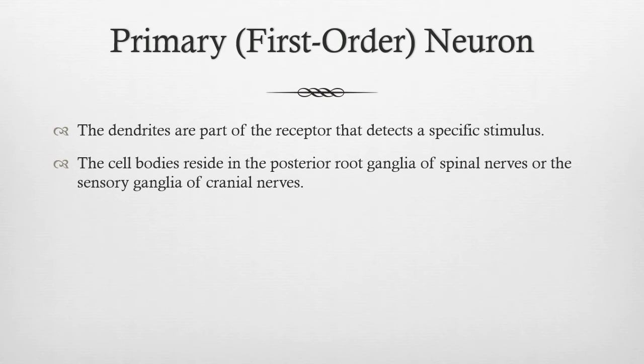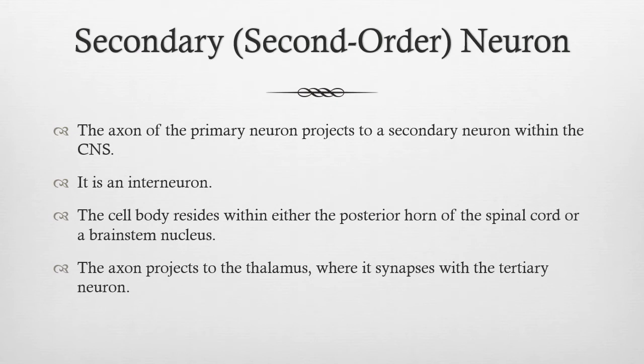For the first order neuron, this primary neuron, the dendrites connect to the receptor, and the cell body is in the dorsal or posterior root ganglion, and its axon then travels into either the cord or the brainstem. The second order neuron is sitting either in the spinal cord or in the brainstem. The cell body of our second order neuron is either in the dorsal horn of the cord or the brainstem nucleus for that particular cranial nerve.